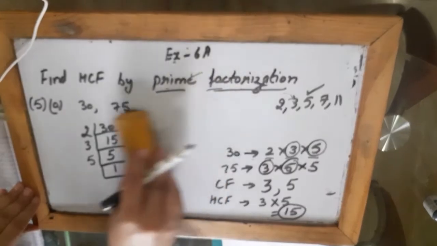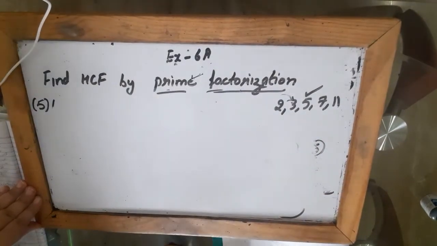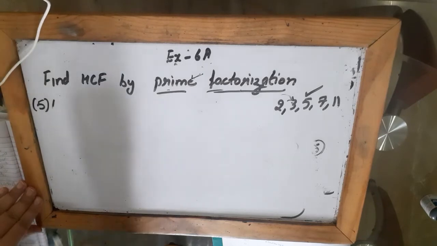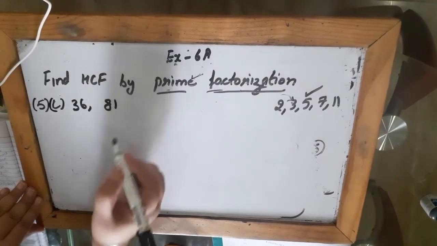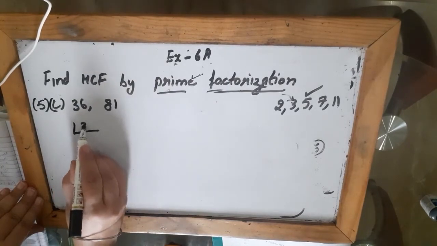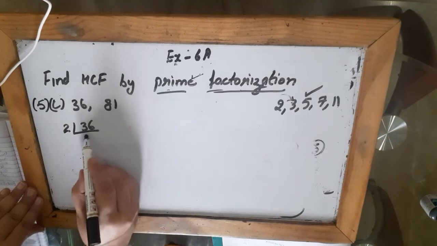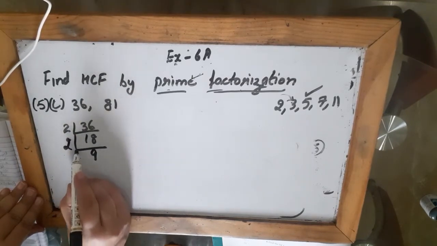Now let me take one more example. Let me take this time the numbers 36 and 81. First of all, I will find out the factors of 36. 2 18s are 36. 2 9s are 18.